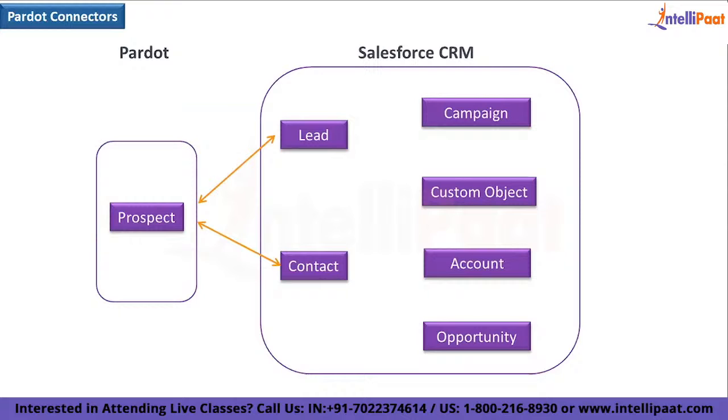Also, along with prospect, we can create a custom object. I don't have the picture here, but just for your information, I'm telling this. We can create a custom object on Pardot and sync that with any other object here, but it cannot be a direct sync.